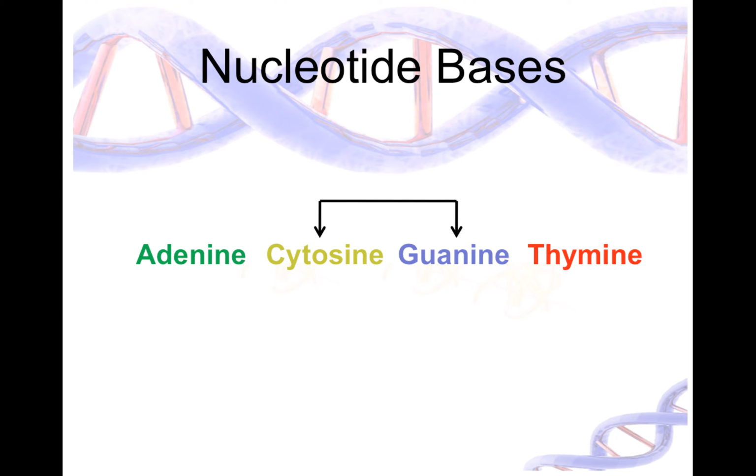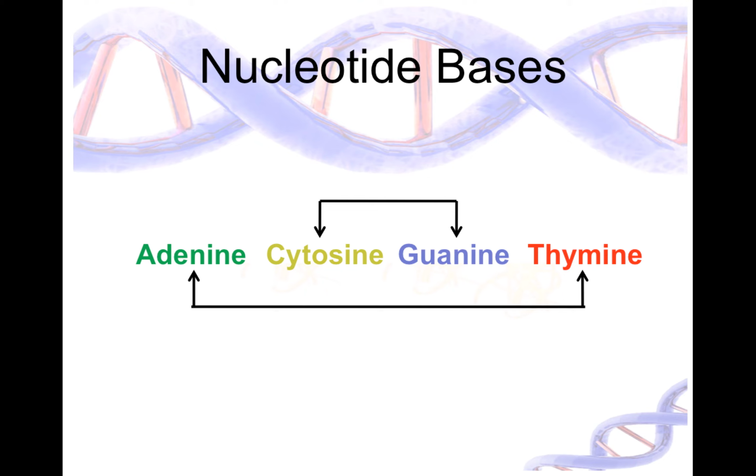Cytosine and guanine are 2 nucleotide bases that can connect with each other, as well as adenine and thymine. Now, it's important to realize that these are the only pairs that go together. So you'll never see guanine connected with thymine or adenine connected with guanine or anything like that.